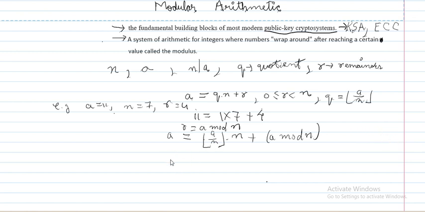So we can express this as 11 mod 7 is equal to 4.